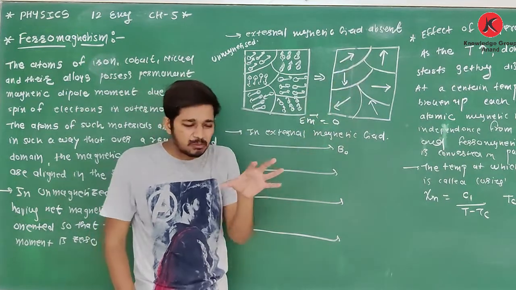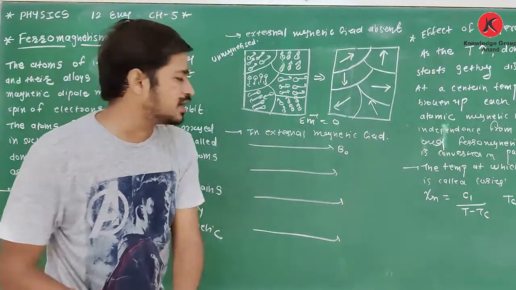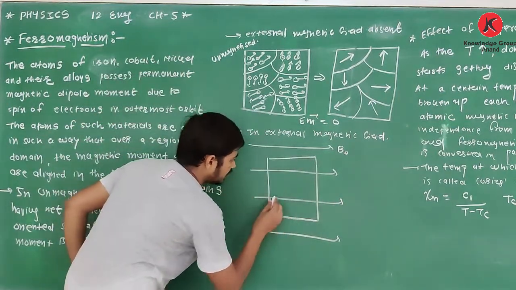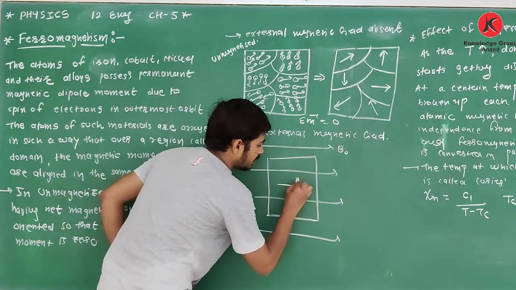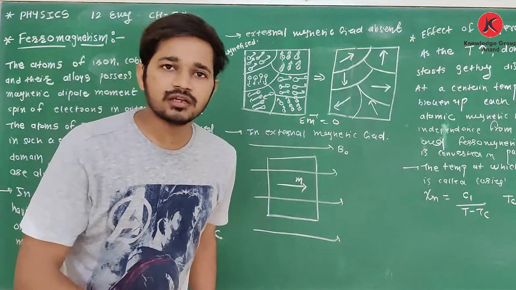The domains will merge into each other and make only one domain, having a magnetic dipole moment in the direction of the magnetic field. Clear about this?